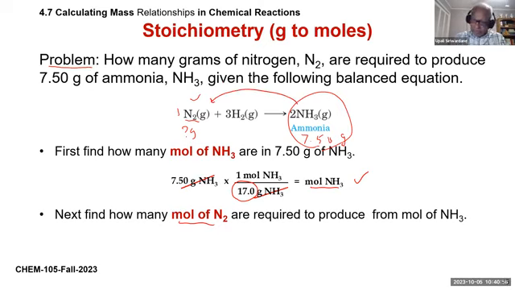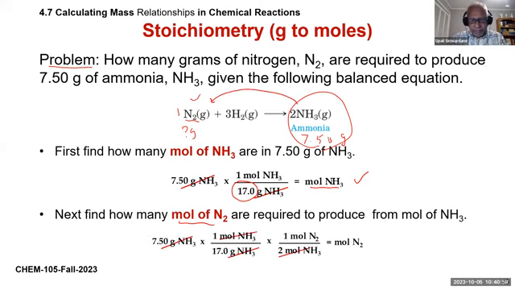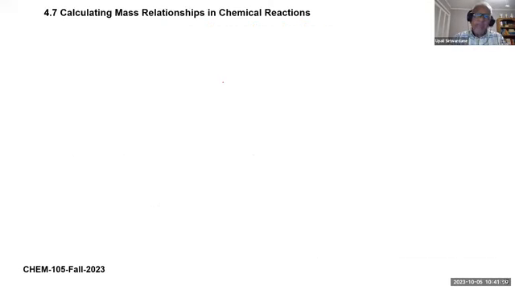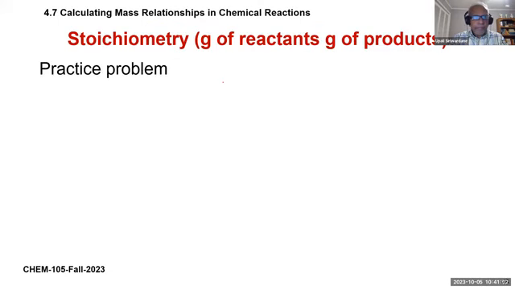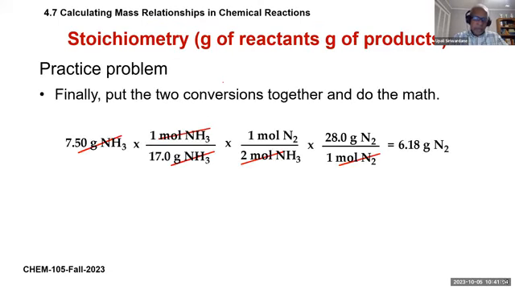So let's look at the total calculation. That's the beginning, 7.5 grams of ammonia. Ammonia is converted to moles of ammonia here. Then the moles of ammonia is converted to moles of nitrogen here. Then grams of nitrogen.